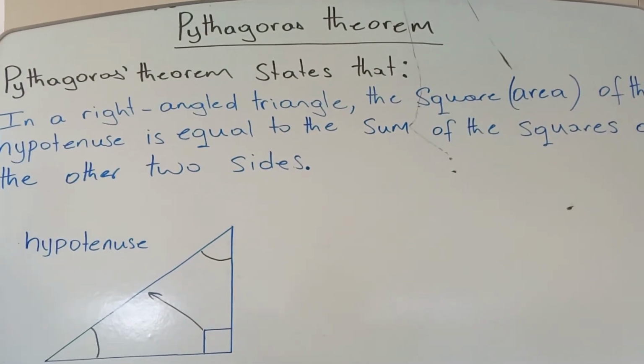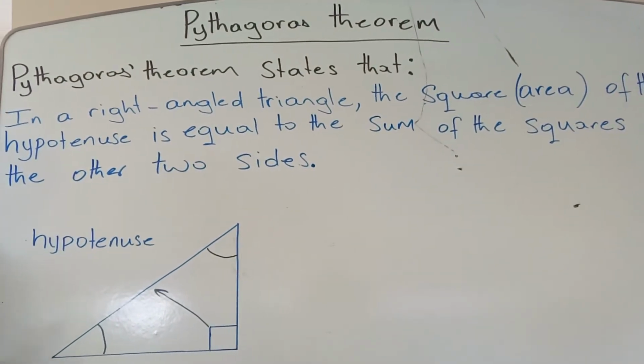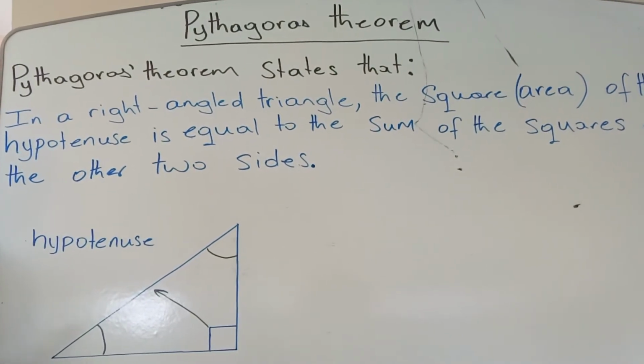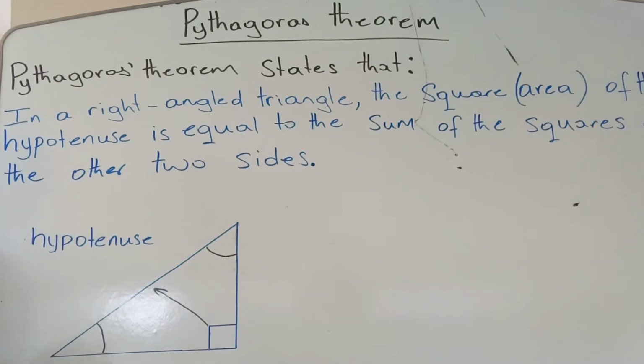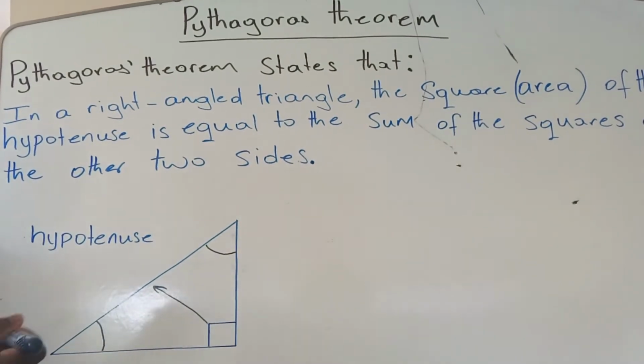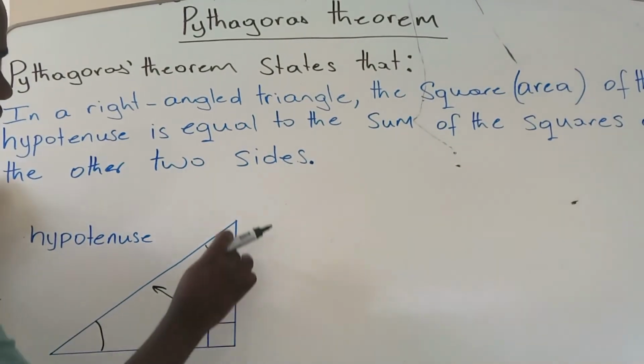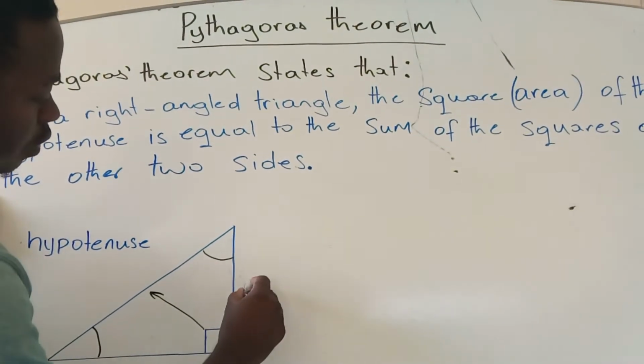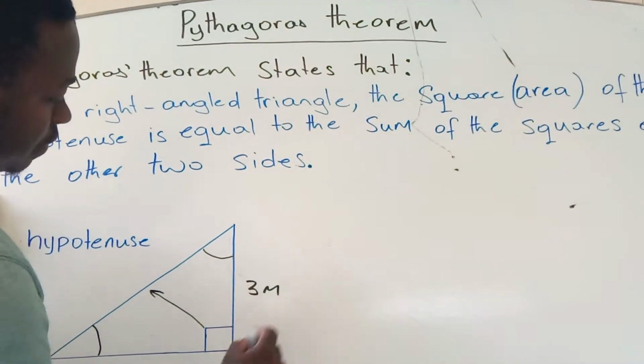Now we are going to investigate the relationship of the right angle triangle with the lengths. So let's say on this triangle, I know the height of this triangle, and the height is said to be 3 meters.